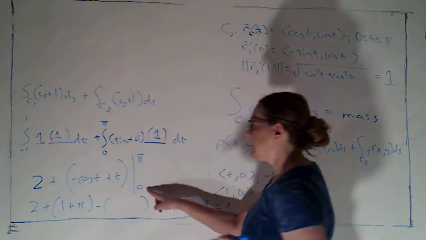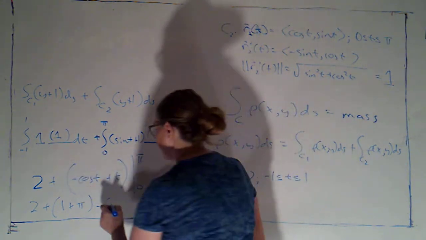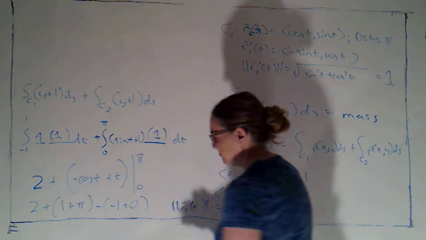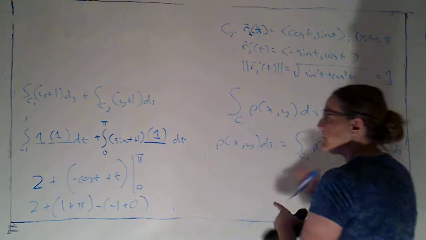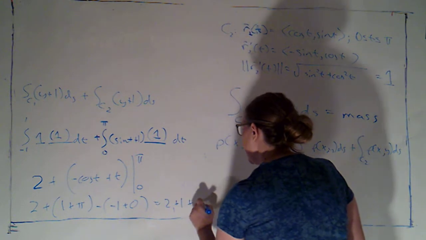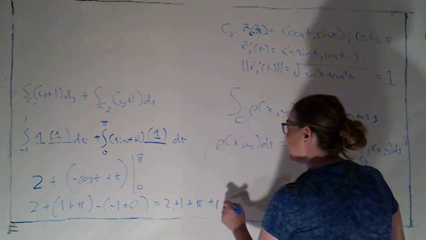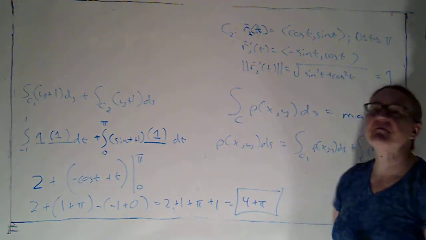Minus, when I plug in 0, cosine of 0 is 1, the opposite of that is -1, plus 0. So if I work that out, that's going to be 2 plus 1 plus pi plus another 1, so we get 4 plus pi would be the mass of this wire.